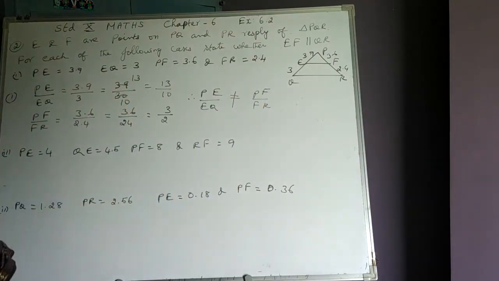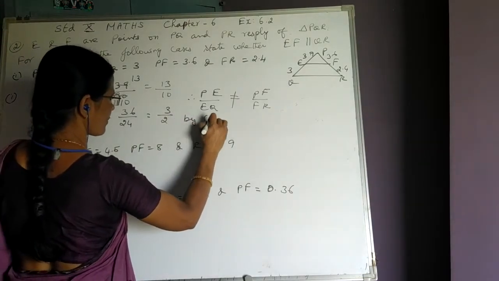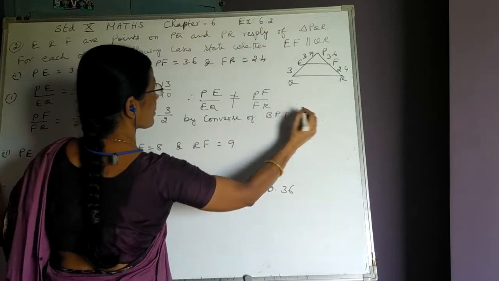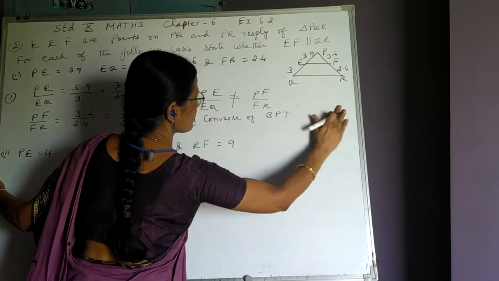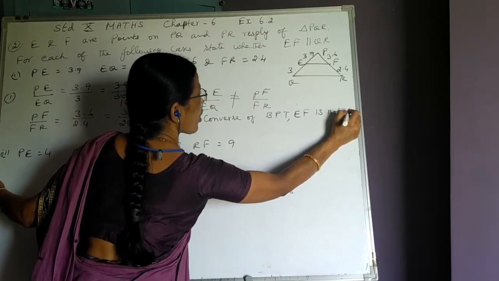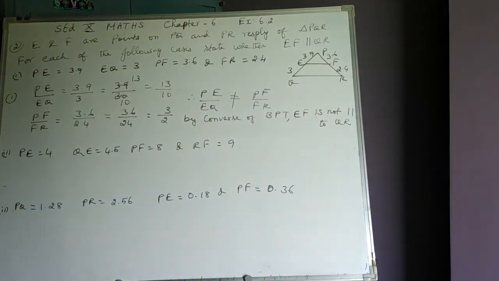Hence, by the converse of BPT, in the first case, EF is not parallel to QR.